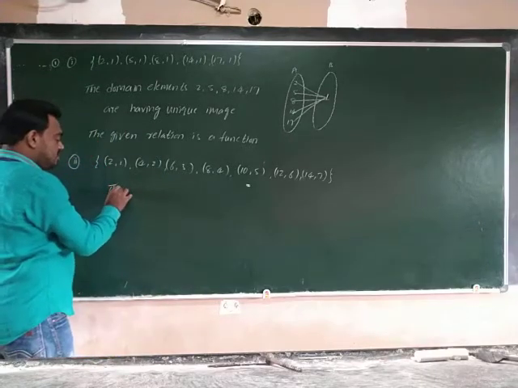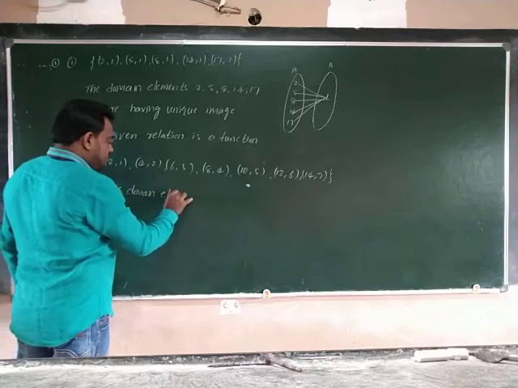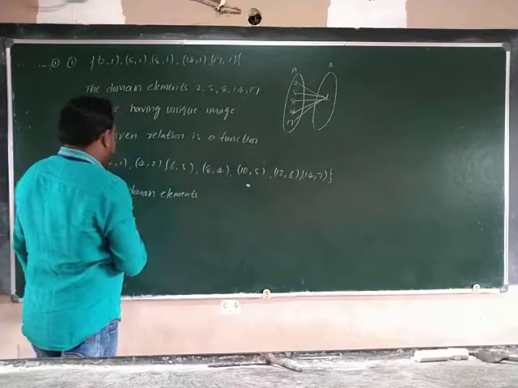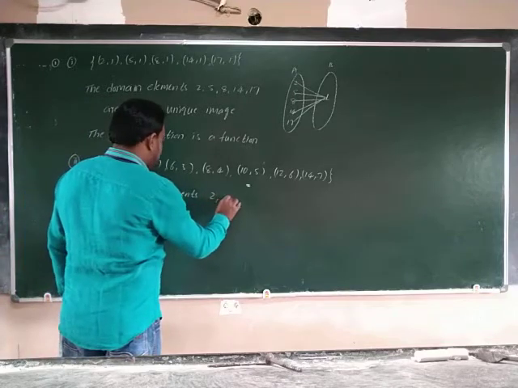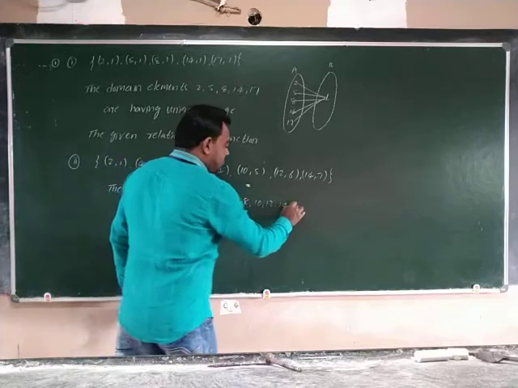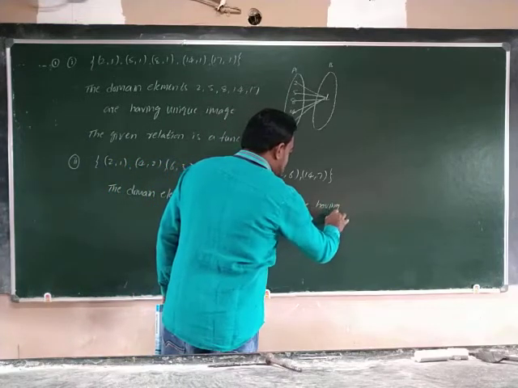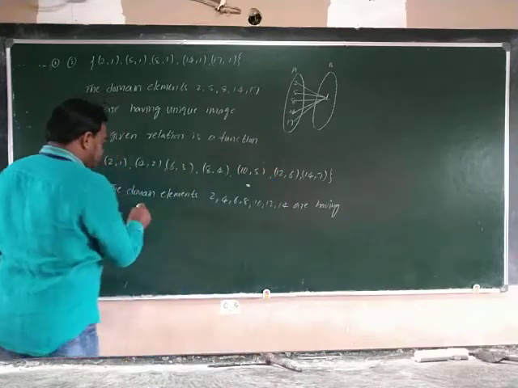So the domain elements, what are the domain elements? 2, 4, 6, 8, 10, 12, 14 have unique images.